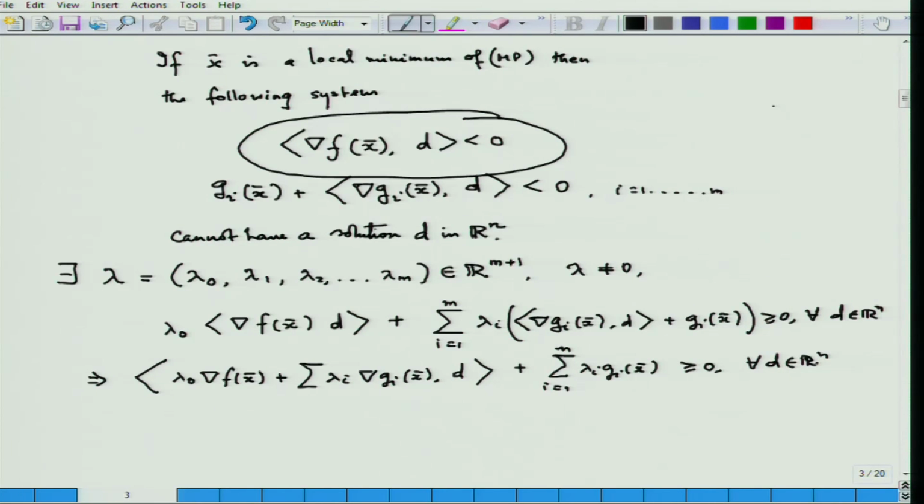Once you know this, set d is equal to 0 in particular.